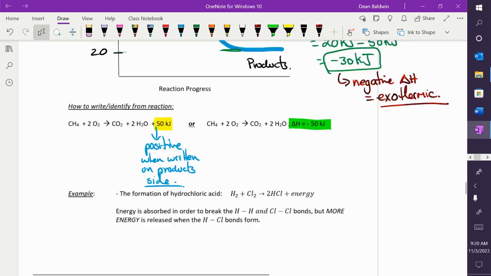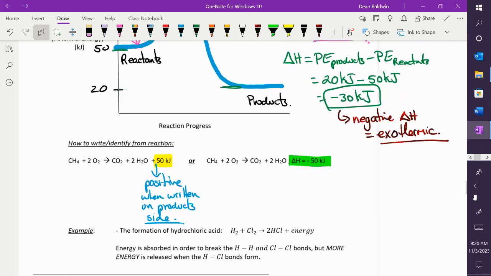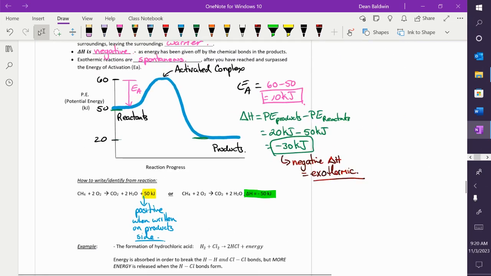All right, so what I will expect you to be able to do, okay? I will be asking you to identify if it's exo or endothermic based on the diagram. So if we end at a lower spot, it's exothermic. If delta H is negative, it's exothermic. I'll ask you to calculate the energy of activation, which is just the peak, the difference between the peak and where it starts in the reactants, and delta H, which is the difference in energy from the products and the reactants.